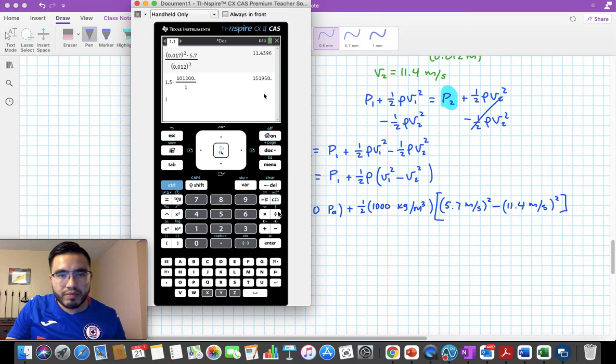So we have 151,950 plus parentheses 1/2 times density, which is 1,000, times parentheses, double 5.7 close parentheses squared minus parentheses, I'm going to use this number, 11.4396 close parentheses squared.